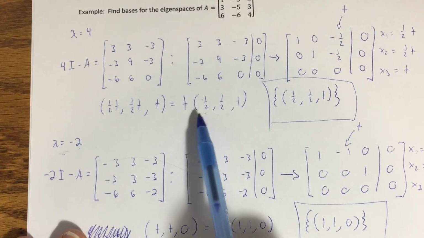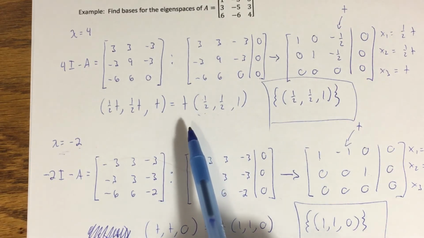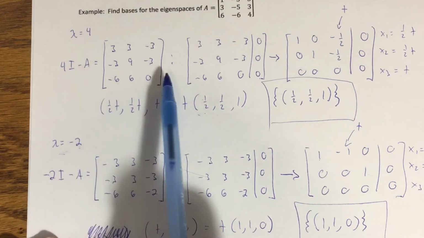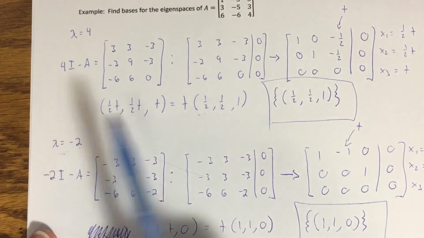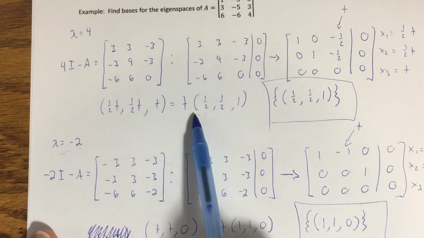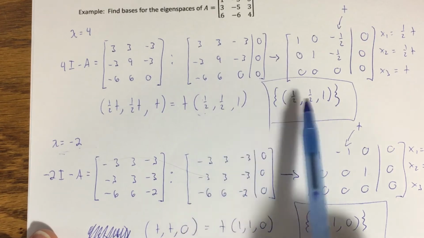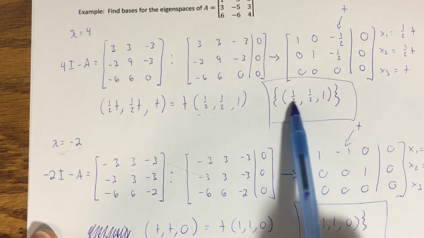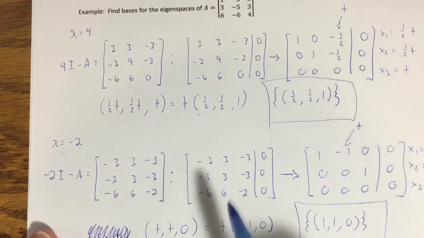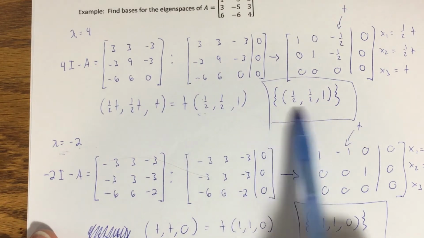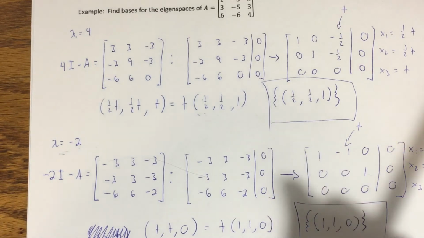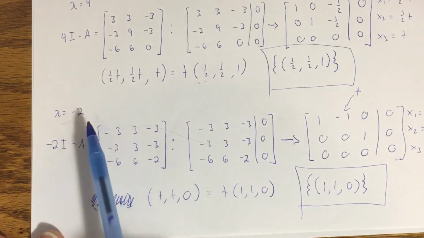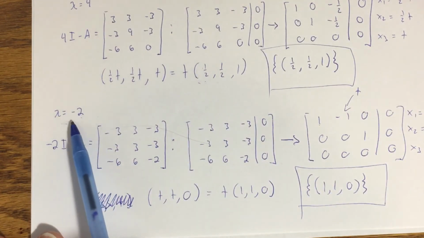In other words, the null space of the matrix 4I minus A, which is the eigenspace corresponding to 4, is the span of this vector, which makes this vector by itself enough for a basis for that vector space. So the basis contains this one vector right here. I did the same thing for the eigenvalue -2.